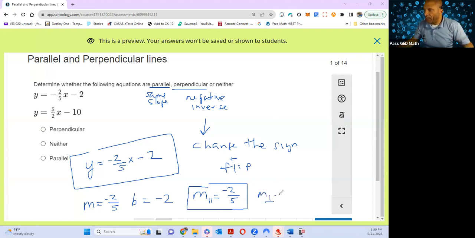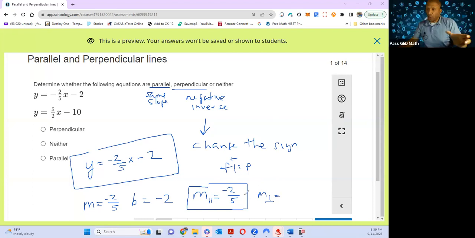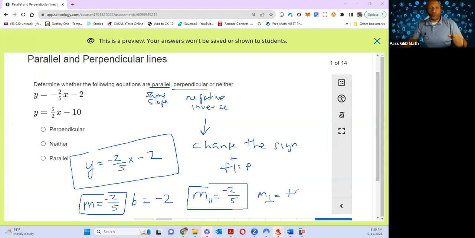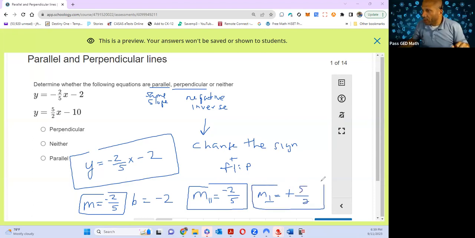Any line that is perpendicular, change the sign and flip. So if the slope is -2/5, what's the opposite of negative? Positive. If we flip 2/5, what does that come to? 5/2. So any perpendicular line will have a slope of 5/2, and its equation will start y equals 5/2 x, then something else.